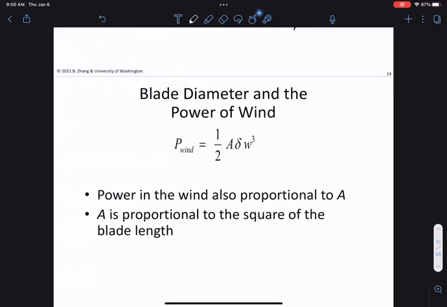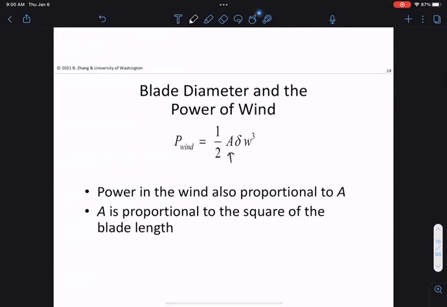Then the last part of the equation, we have a factor of A. This is something we can design. We get to design the area A by how large a blade we build, whereas the wind speed is really given by nature.